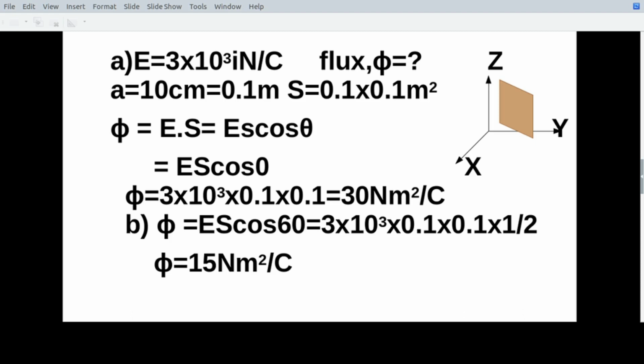Okay, vector E and vector S are at an angle 60 degree. So, flux is ES cos 60. Substitute the values. Cos 60 is 1 by 2. And area, it is a square. So, area is a square. 0.1 into 0.1. So, you will get 15 Newton meter square per coulomb. Now, we will pass on to the next question.